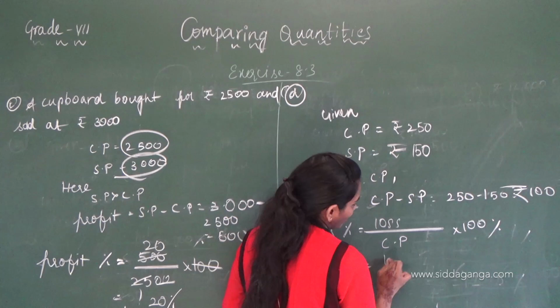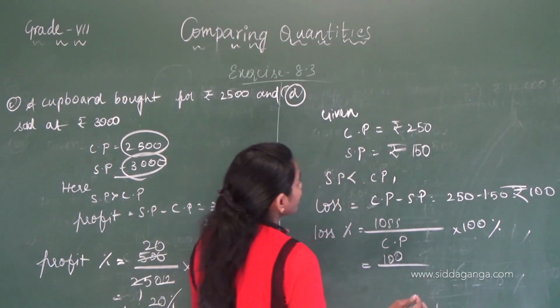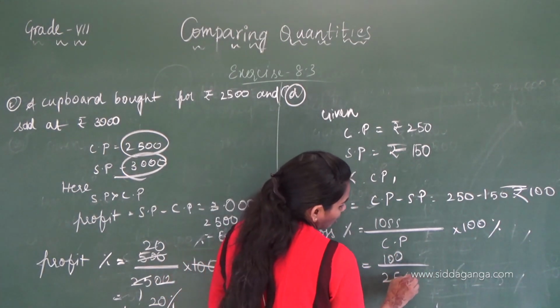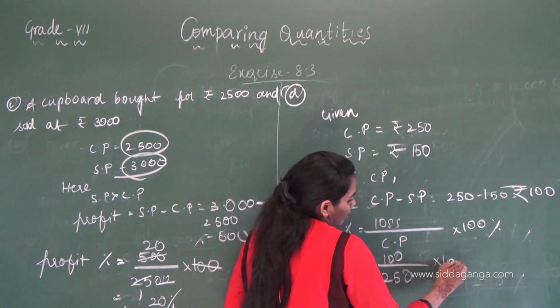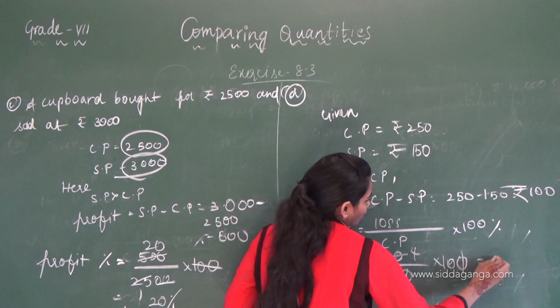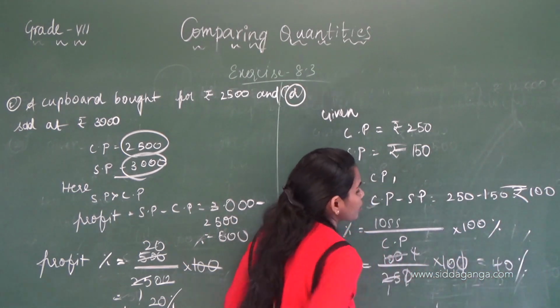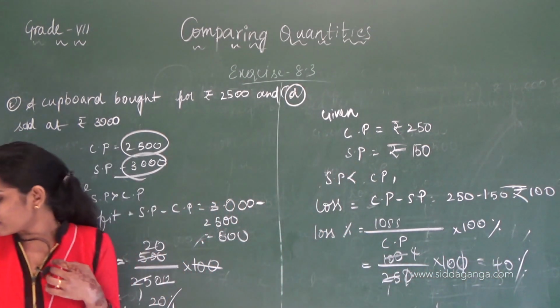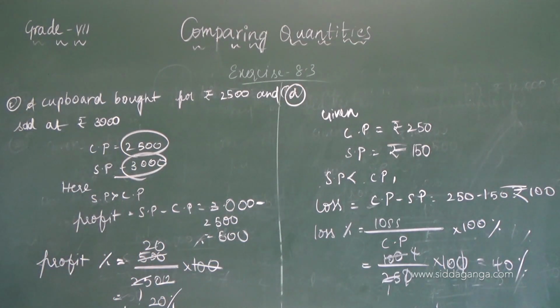Loss is 100, CP is 250, into 100. That is 40%. How much loss is there in the transaction? 40% loss.